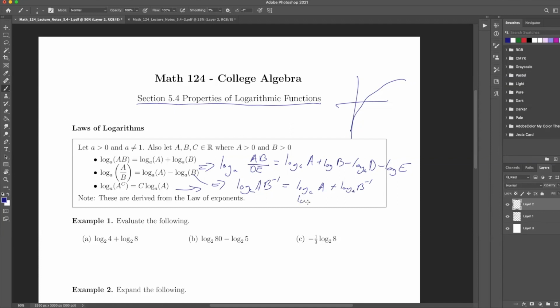And this thing is the same thing as log of A minus log of B. And so here, we can see that using this rule, we can actually produce the middle one. And so the nice thing here, once again, is that these two rules can be simplified to: if it's on the top, make it positive, if it's on the bottom, make it negative. I mean, it's fairly simple that way.